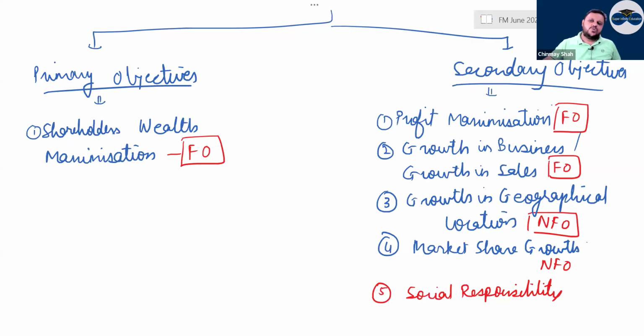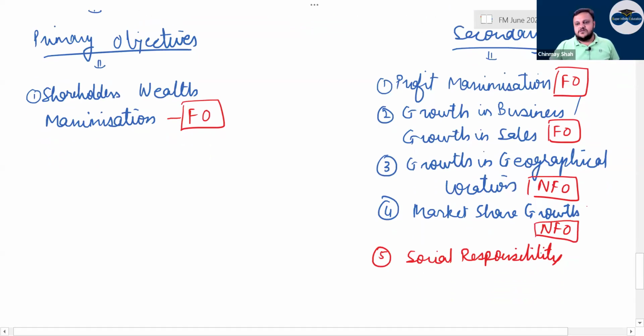Can you do that? No. So at the end, while you are leaving, the financial objective said, don't forget society as a whole. Have social responsibility. Now tell me, social responsibility, non-financial objective or financial objective? Non-financial.